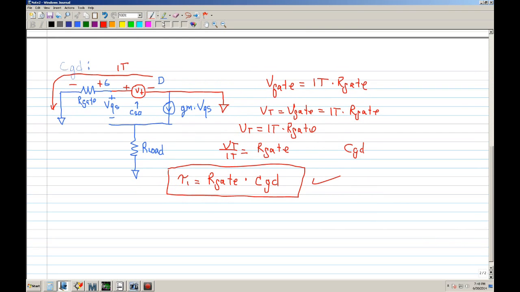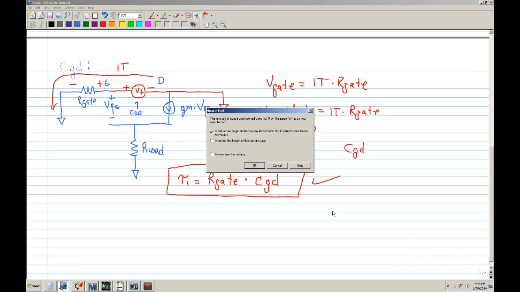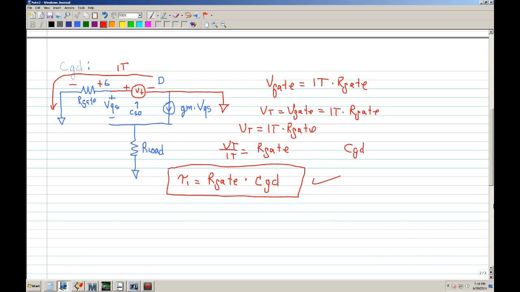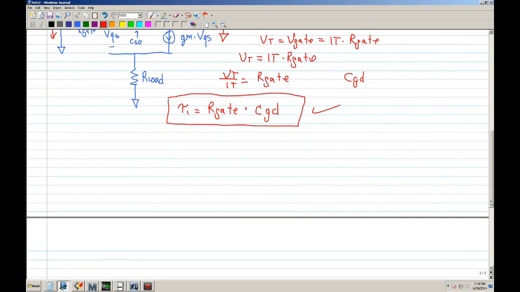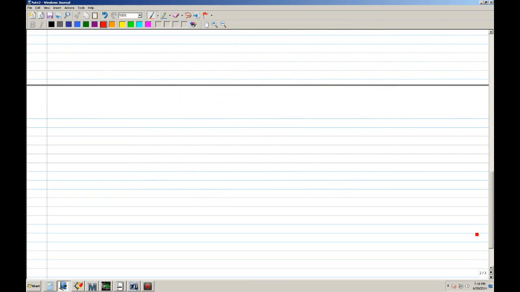Okay, so now let's go ahead and do CGS. The circuit should look something like this. There should be R gate.